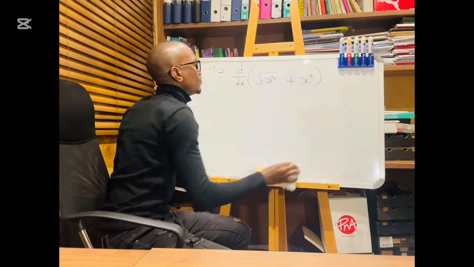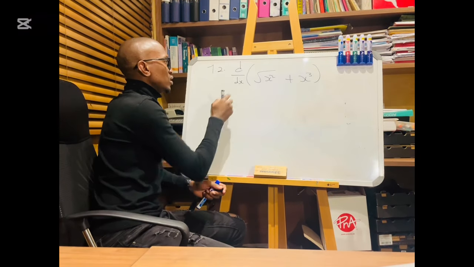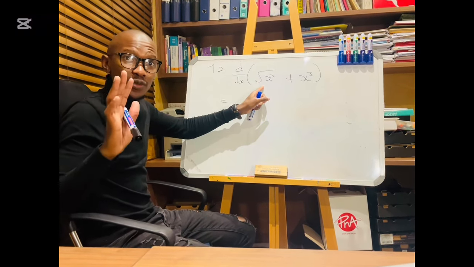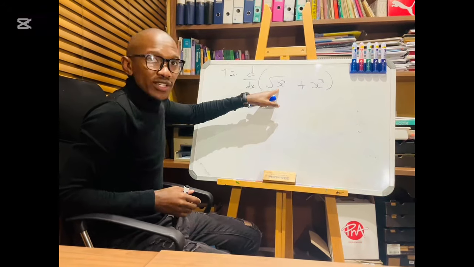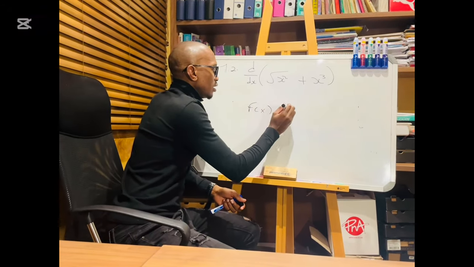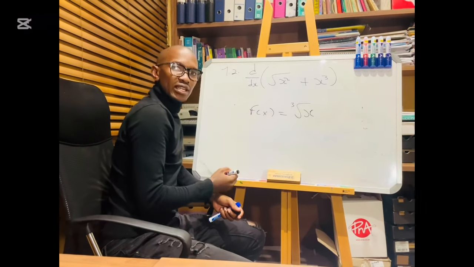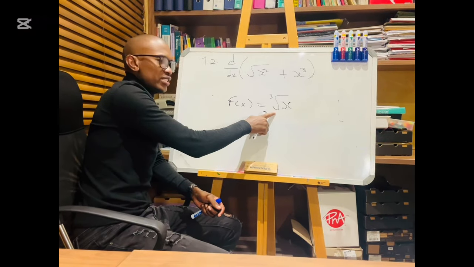All right, so before you start to derive, my advice, this is what you must do. We have the square root of x squared. If you have something like f of x equals the cube root of x, you can't find the derivative when it's like this.